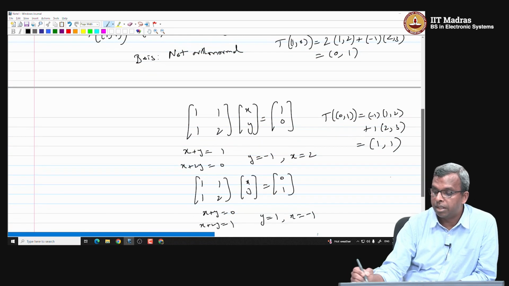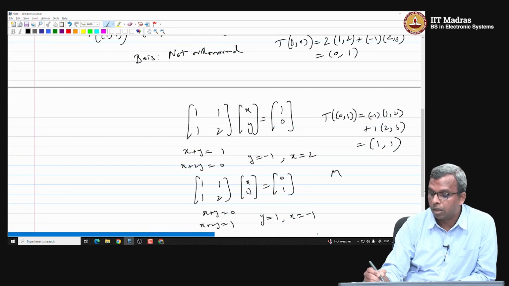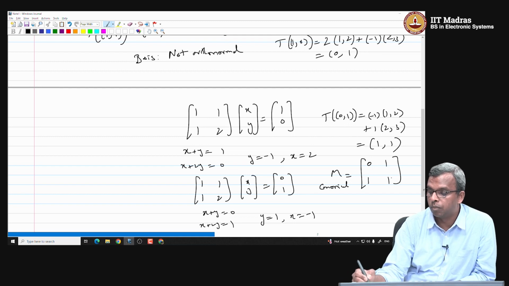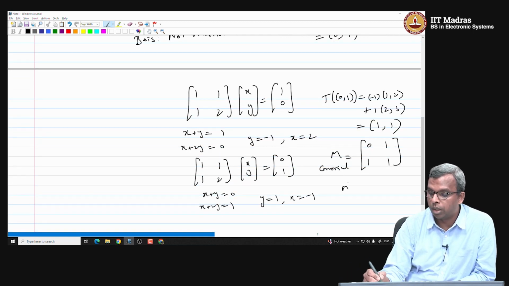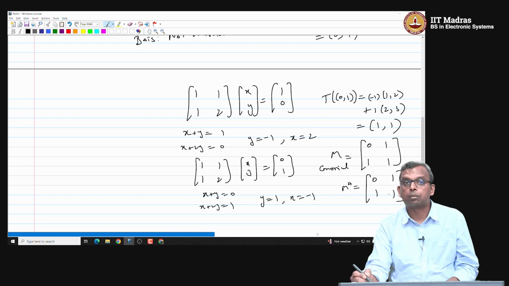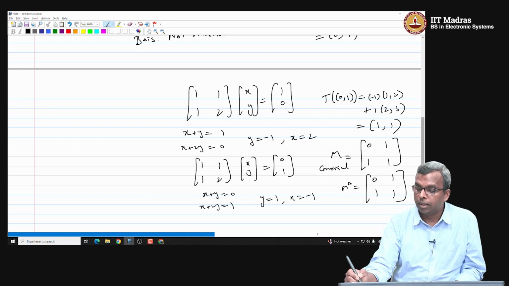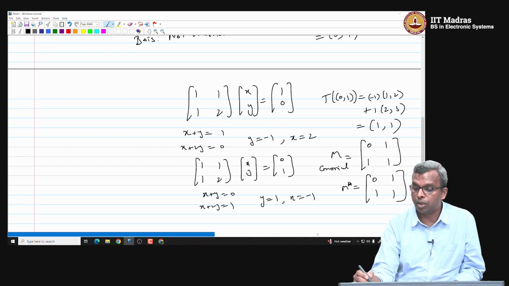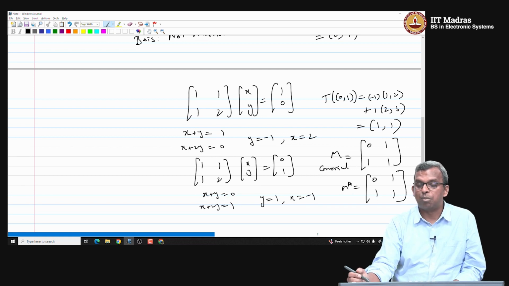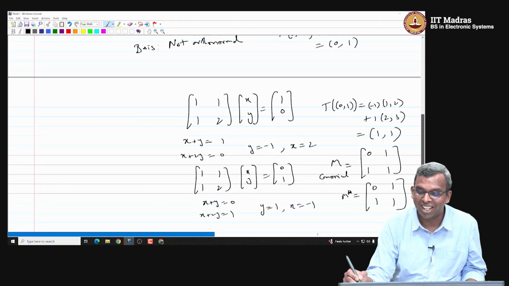So my matrix with respect to the canonical basis, which is orthonormal, we know for sure, is 0 1 and 1 1. Now you can do your favorite M Hermitian. So with respect to the canonical basis the operator is 0 1 1 1. This is Hermitian, and it ended up being the same again. You need to say M Hermitian is equal to M, and this example again need not be true in general.